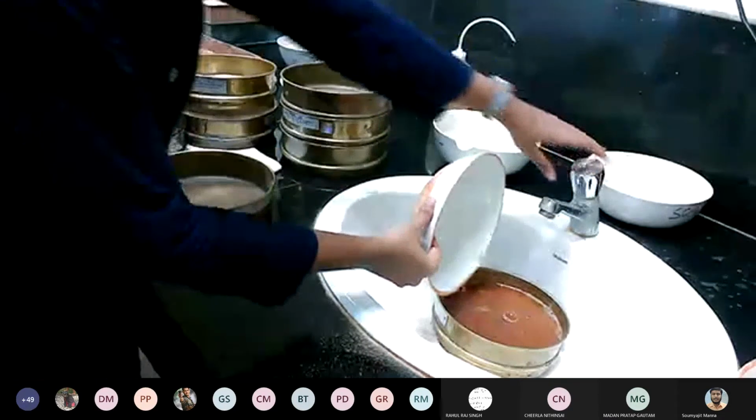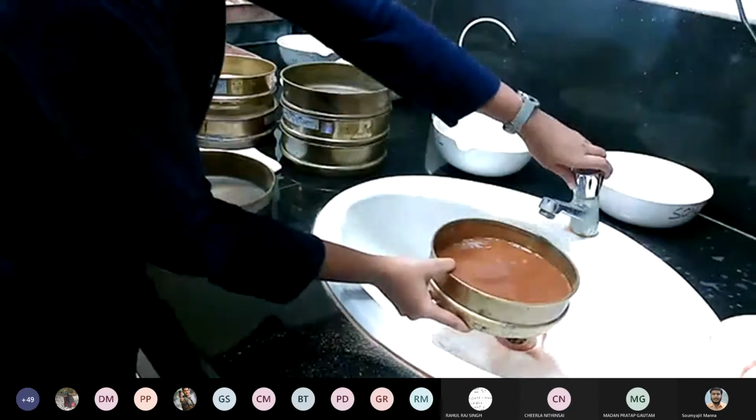I have collected each and every particle from this bowl into this sieve, and I will pour the water in it.